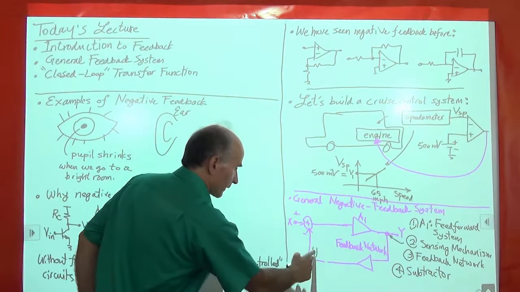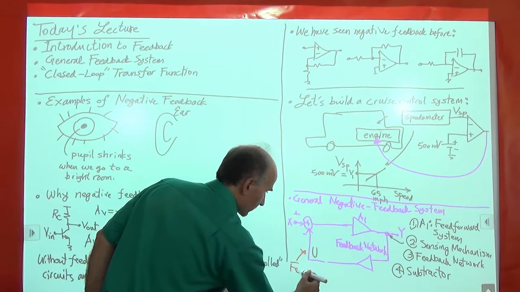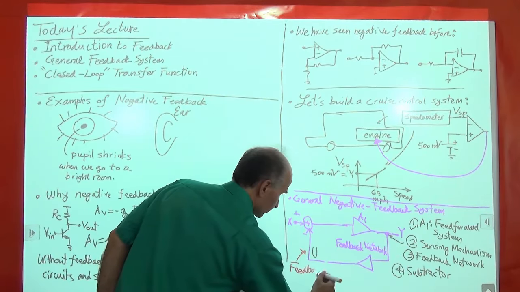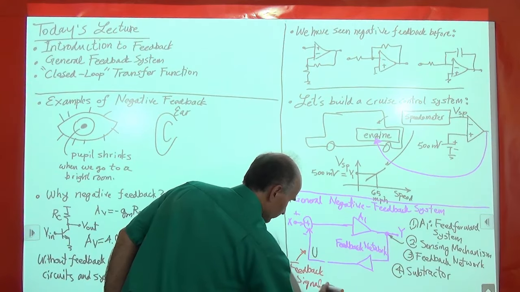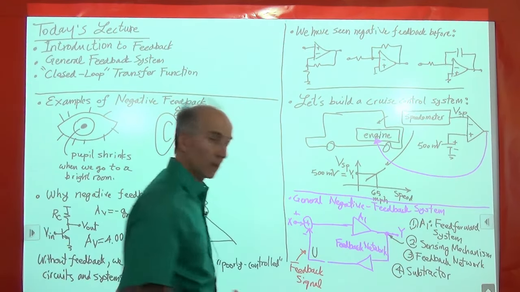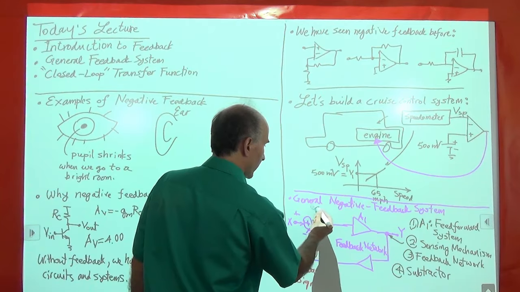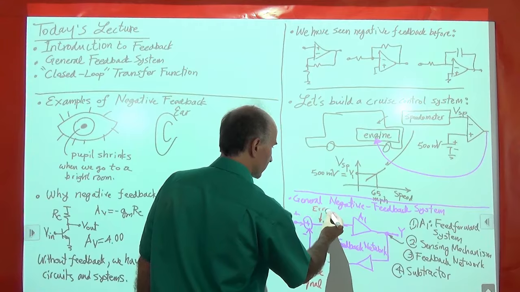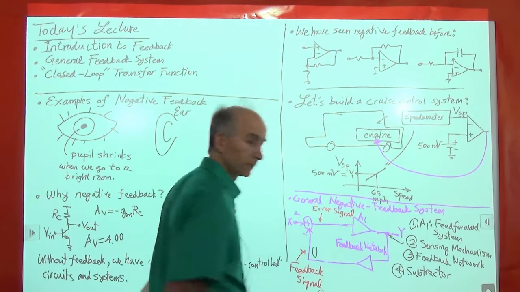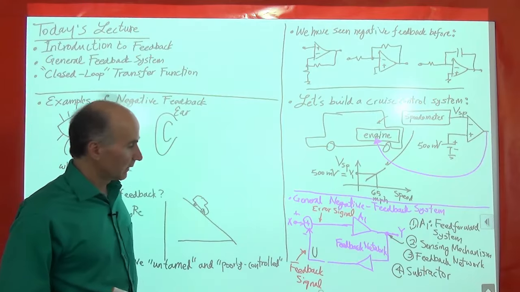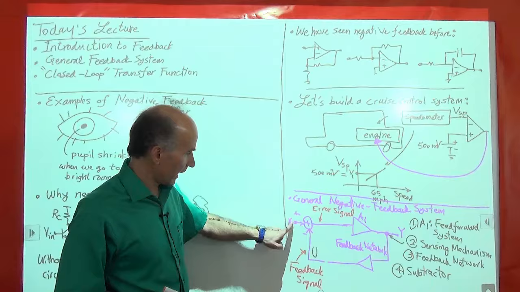All right, so the signal that appears here has a name. We call this the feedback signal. What appears here, we call it the error signal. So you can see that the error signal is just X minus U, right?